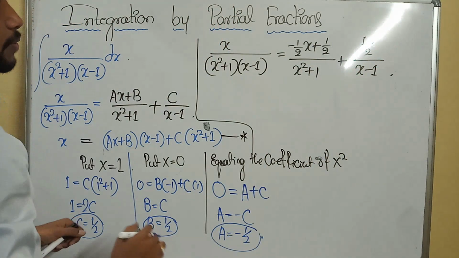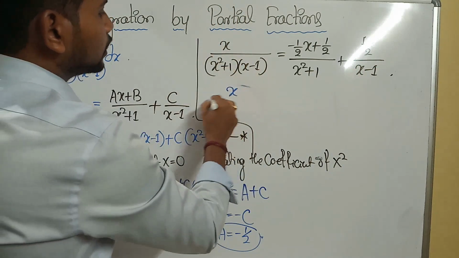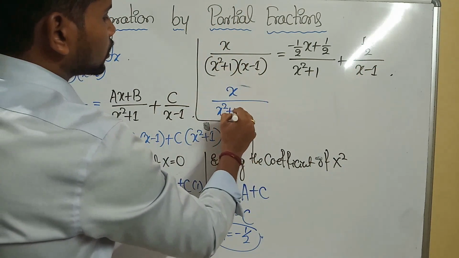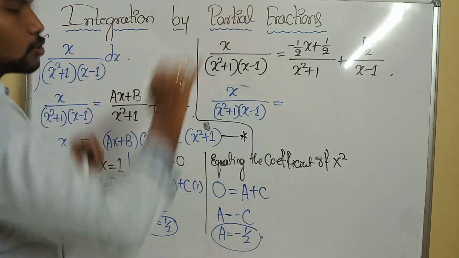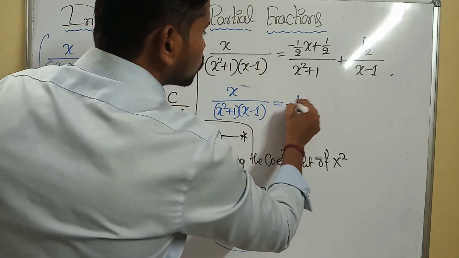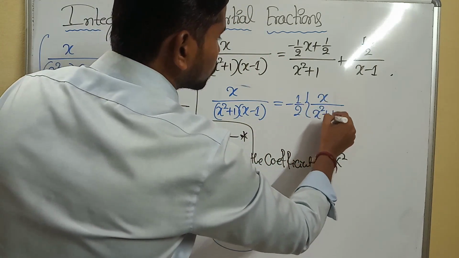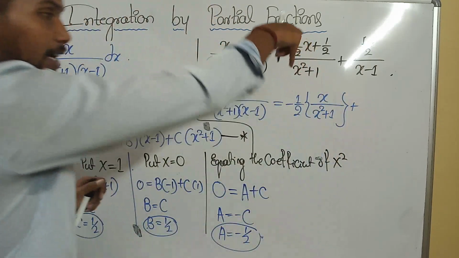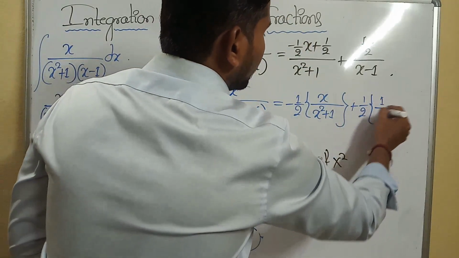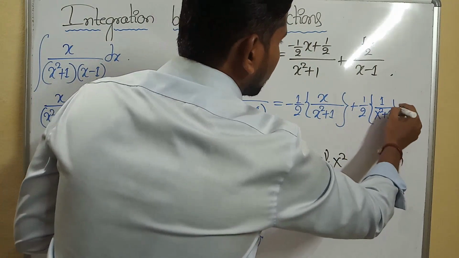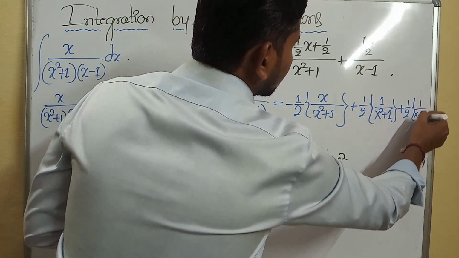After this one I need to write the simple step. x divided by (x square plus 1)(x minus 1) is equal to, I need to split the numerator part, minus 1 by 2 bracket x divided by x square plus 1, plus again 1 by 2 into bracket 1 divided by x square plus 1, plus 1 by 2 into bracket 1 divided by x minus 1.